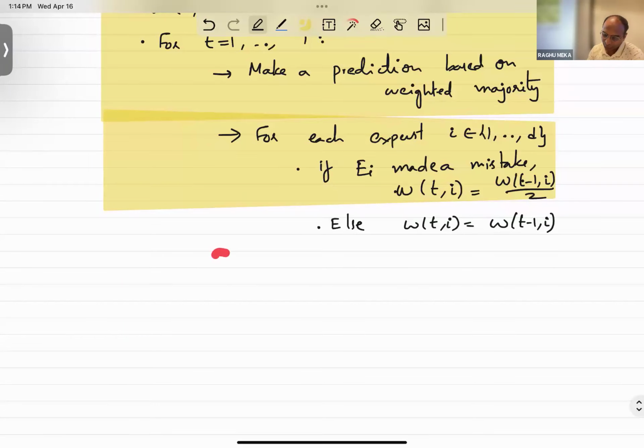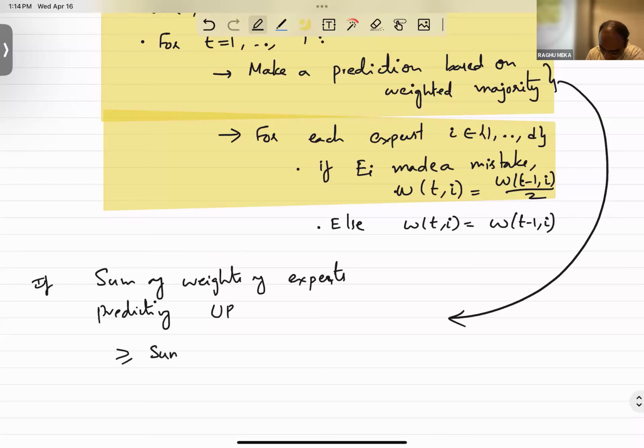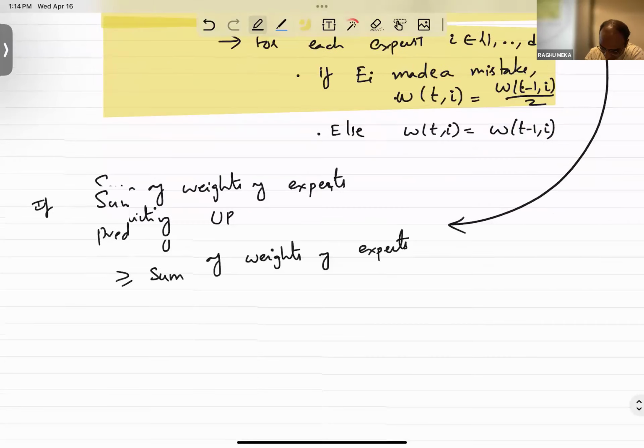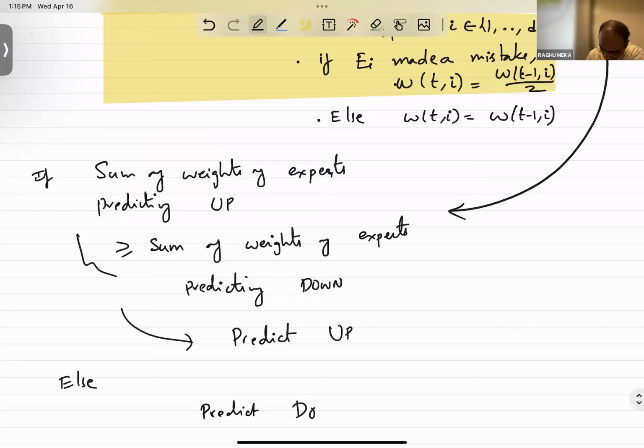And just to expand on this prediction based on weighted majority, it just means that you add up the sum of weights of experts predicting up, and check whether it is greater than or equal to the sum of weights of experts predicting down.